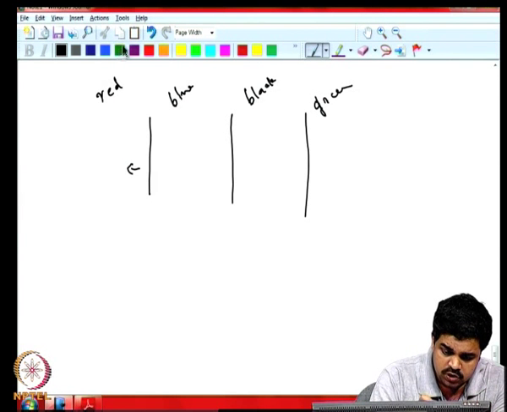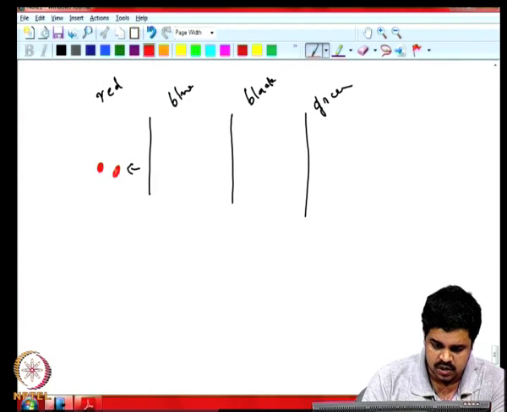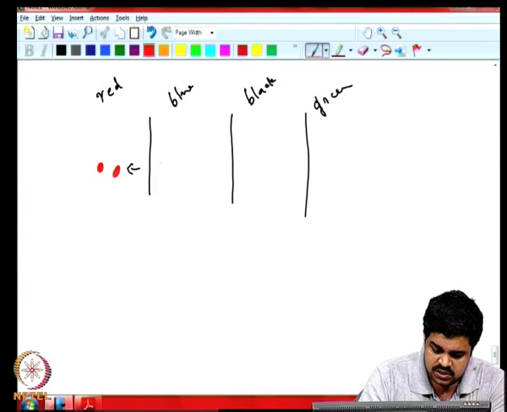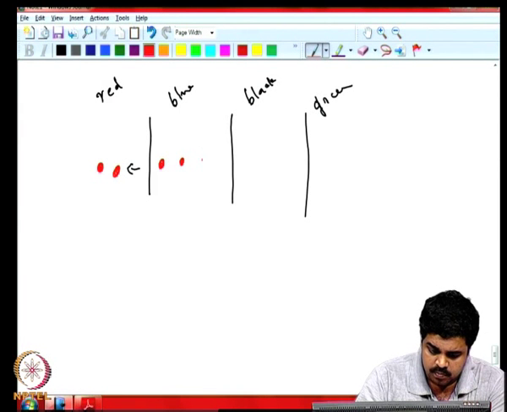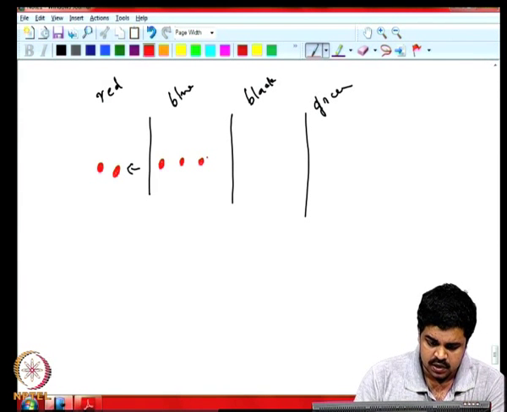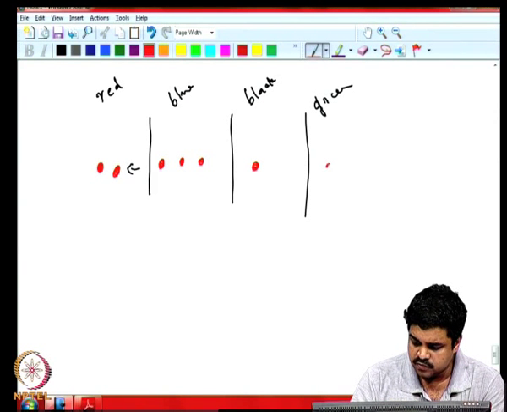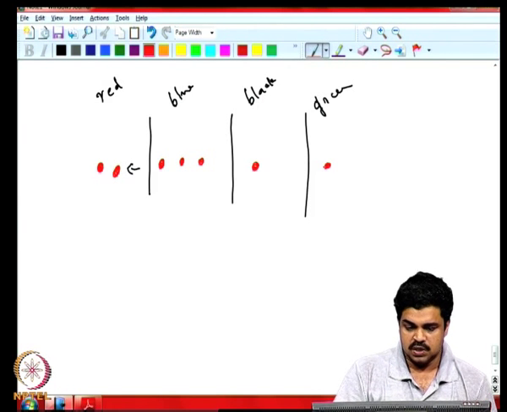Now, if 2 boys purchase red pen, we will put the 2 boys here. If some 3 boys purchase blue pen, then we will put them here, so that means total 5, and then remaining, say 1 boy purchases this and 1 boy purchases that, we just put them like this.